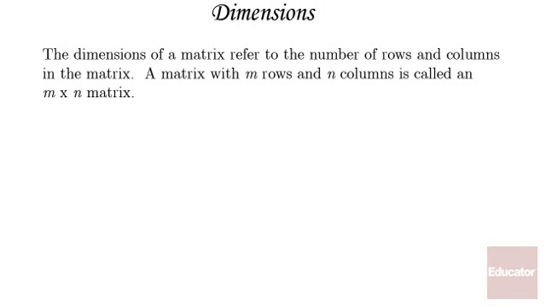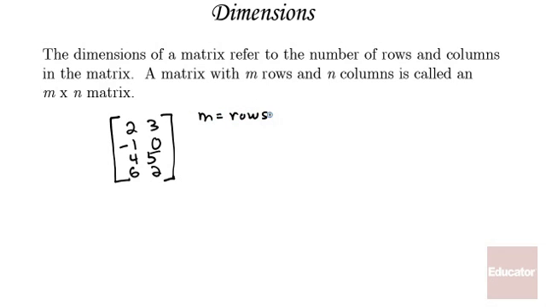Okay, starting out, it's important to understand the concept of dimensions when referring to a matrix. And with a matrix, dimensions refers to the number of rows and columns in the matrix. For example, let's say I have a matrix. And you can see, of course, that it has a certain number of rows and a certain number of columns. Well, M refers to the number of rows, and here that's 1, 2, 3, 4.